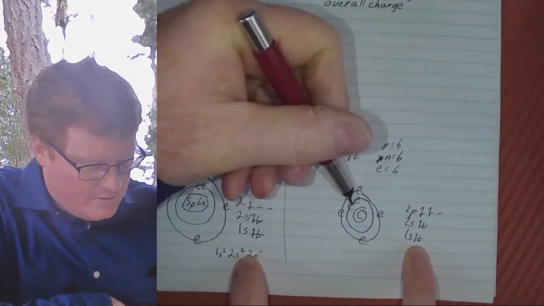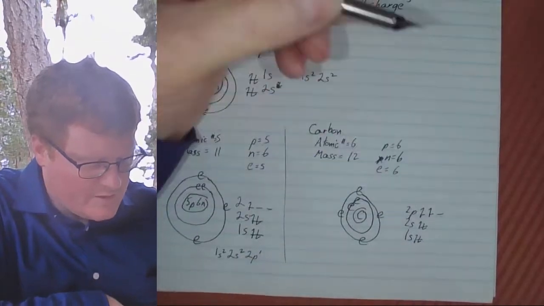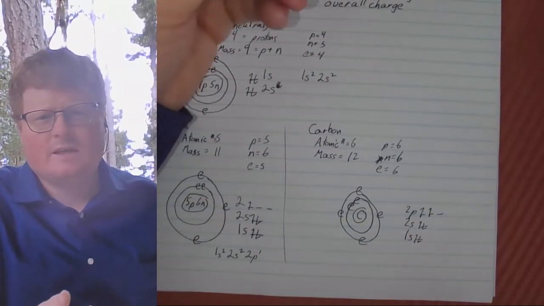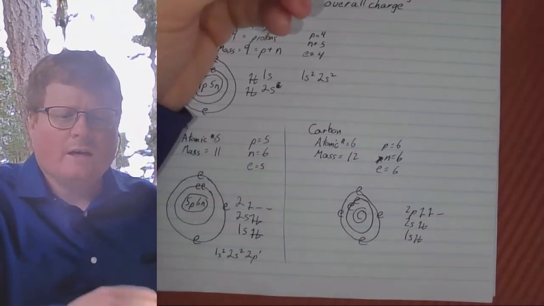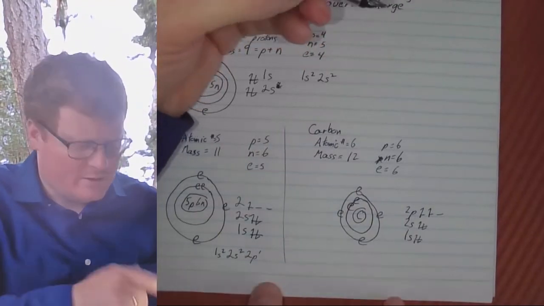Two in the 1s orbital, 2 in the 2s orbital. That leaves us with 2. That means we have 2 in the 2p. Now, Pauli's exclusion principle is you can't have paired electrons until you fill the electrons in the shell. I will define that later, but for the time being, keep them individual as we fill them up.